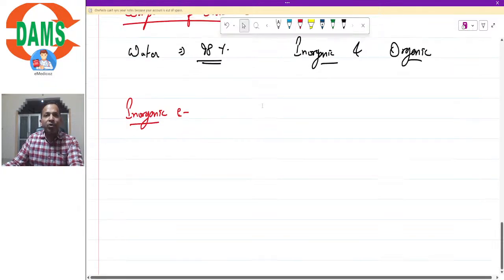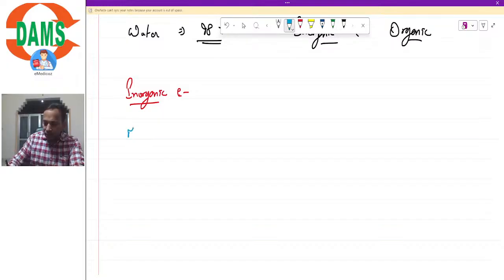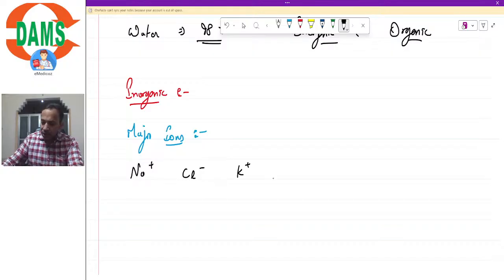You can divide it into major and minor ions, right? We can divide it into major and minor ions. So what are the major ions? We have just 4 major ions, right? Sodium, chloride, potassium, and bicarbonate.